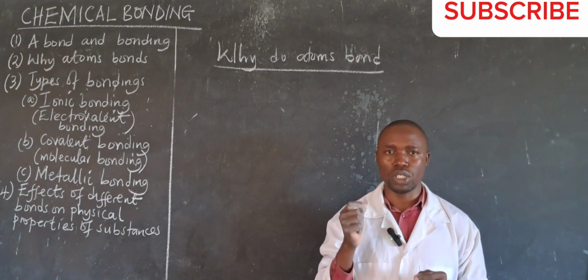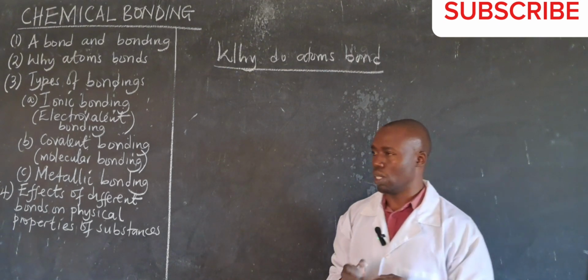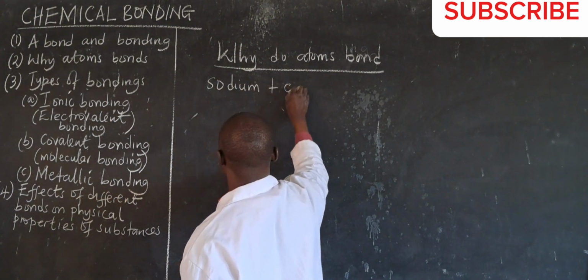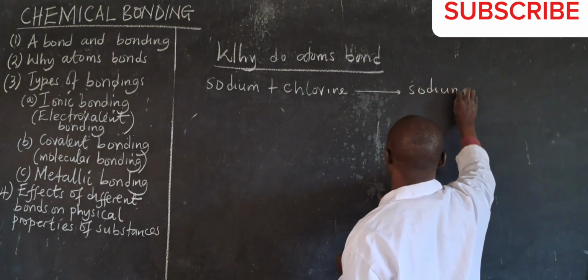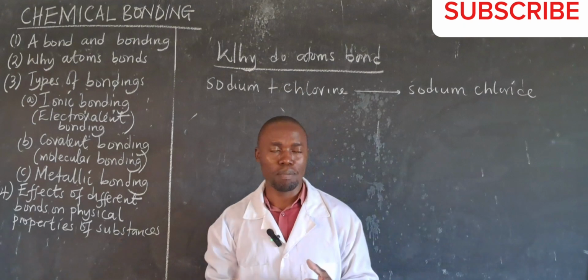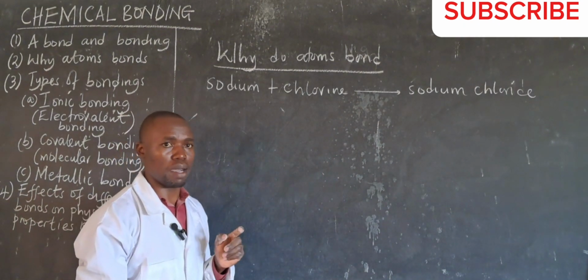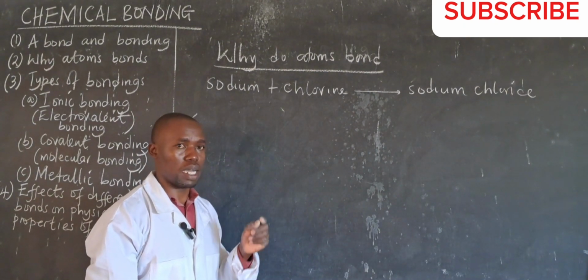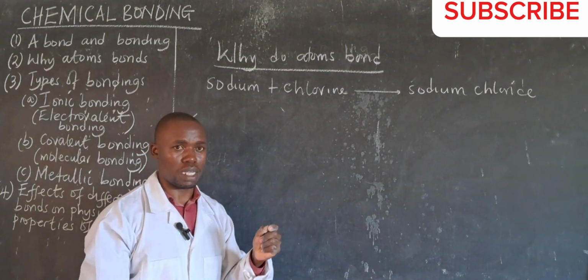In a reaction between sodium and chlorine to form sodium chloride. So let's look at that example. In a reaction between sodium plus chlorine to form sodium chloride, what is actually going to take place here is that this element called sodium has to combine with another element called chlorine under suitable conditions such as heat to form sodium chloride.